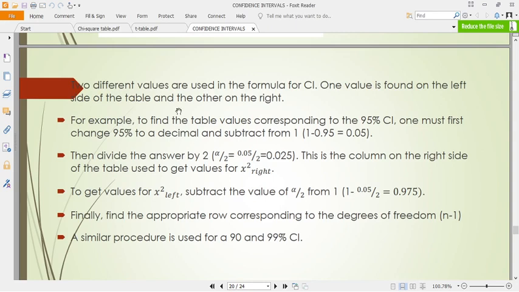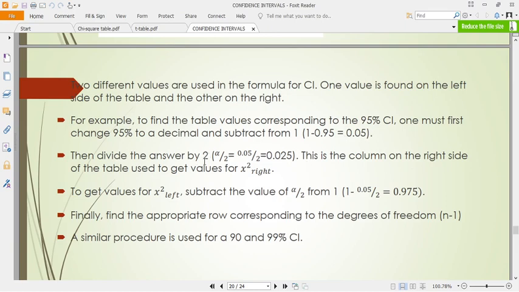For example, to find the table values corresponding to a 95% confidence interval, one must first change 95% to a decimal and subtract it from 1. What we get here will be our alpha. So if you're 95% confident, our alpha will be 5% or 0.05, or that will be our error.